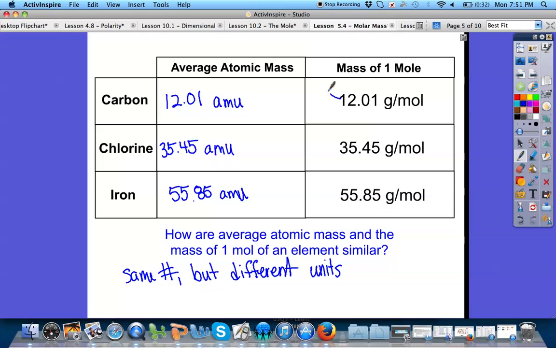And this 12.01 grams per mole, we can write as 12.01 grams over 1 mole. And this way we can use it as a conversion factor.